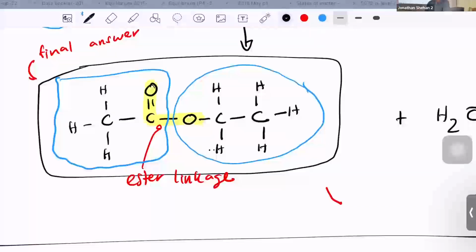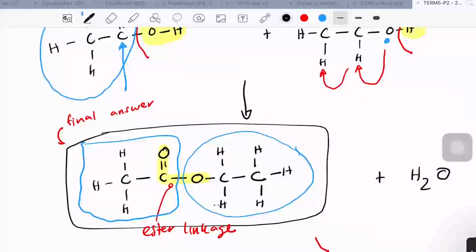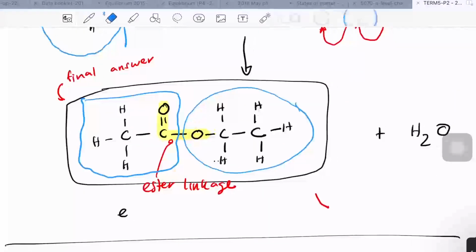So we write the first part of the name like this. Meth means 1, eth means 2. The alcohol part of the molecule has 2 carbons. Therefore, the first part of the name is ethyl.